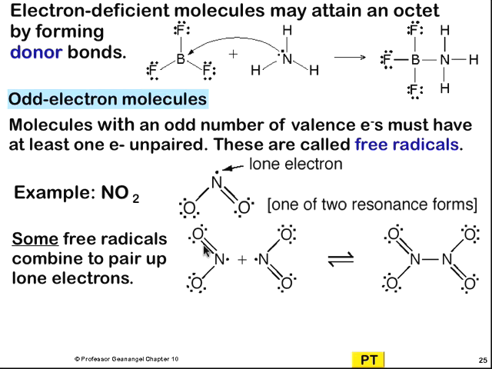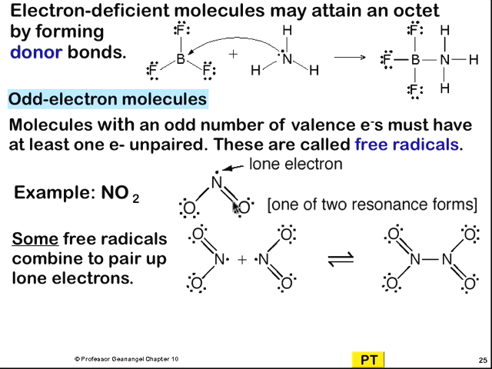Okay, sometimes these free radicals, if you cool them down, can form a bond from the 2 electrons that you have here. So if you cool down nitrogen dioxide low enough, nitrogen dioxide, incidentally, is a red-orange gas that plays a big role in air pollution.